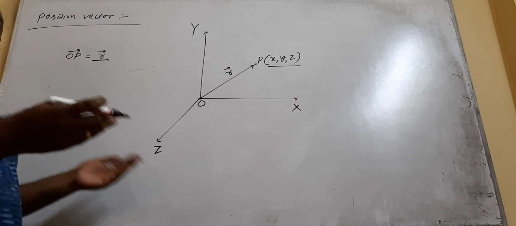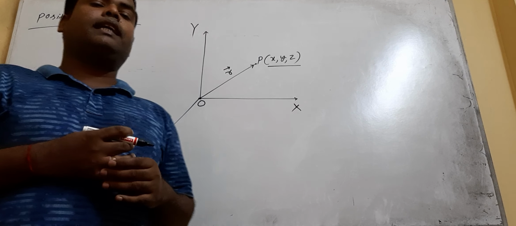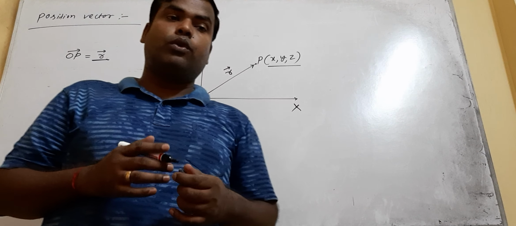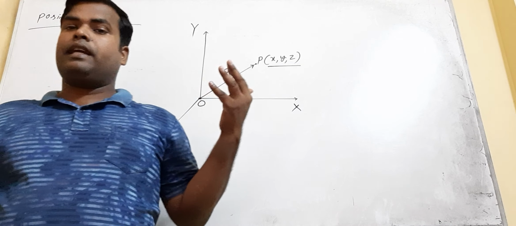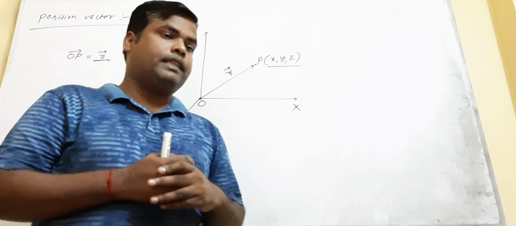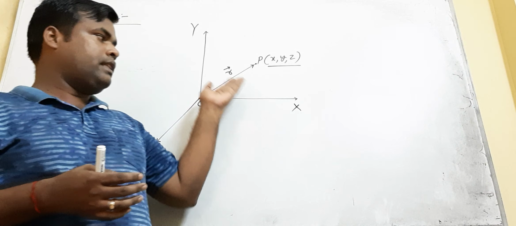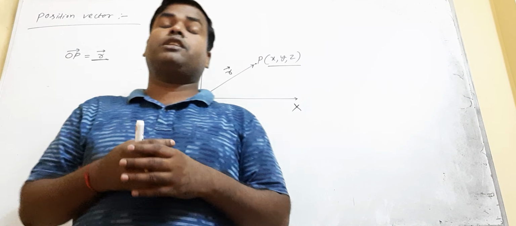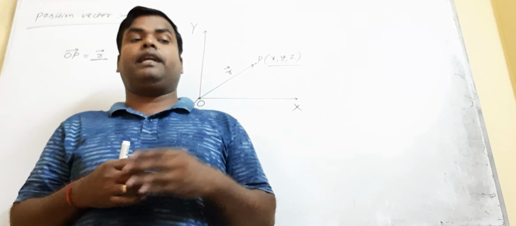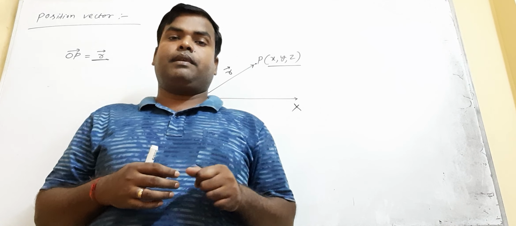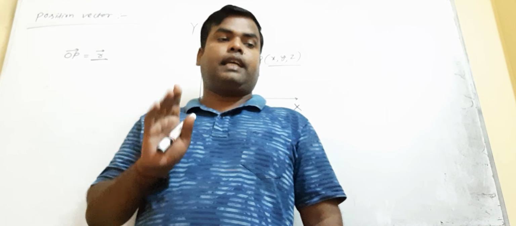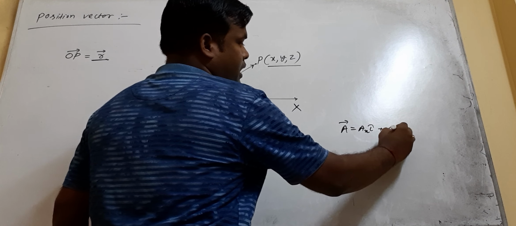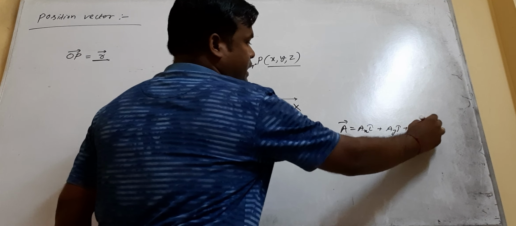These small x, y and z are the rectangular components of this position vector R. You know a vector in 3 dimensions can be written in terms of rectangular components as A vector is equal to ax i cap plus ay j cap plus az k cap.